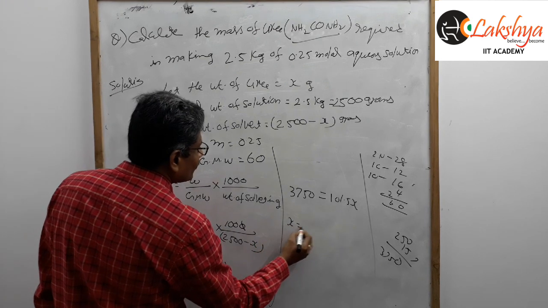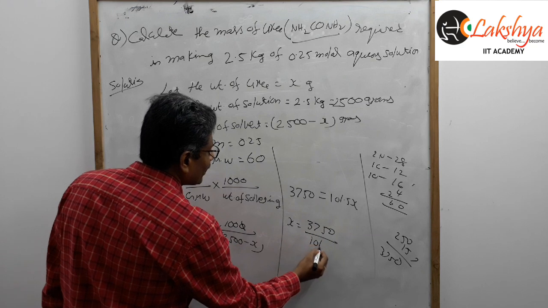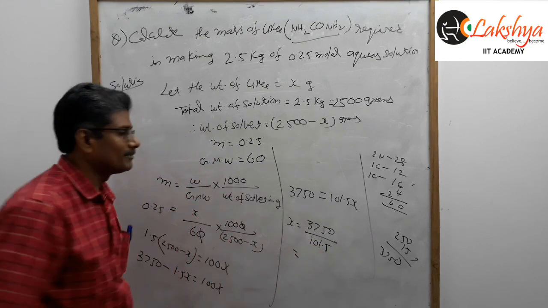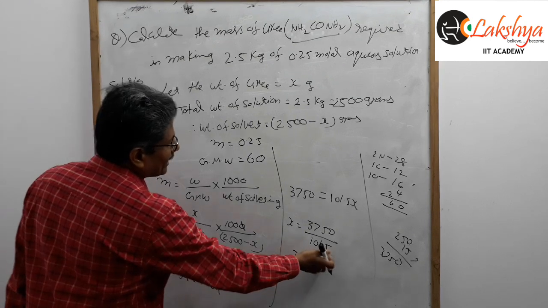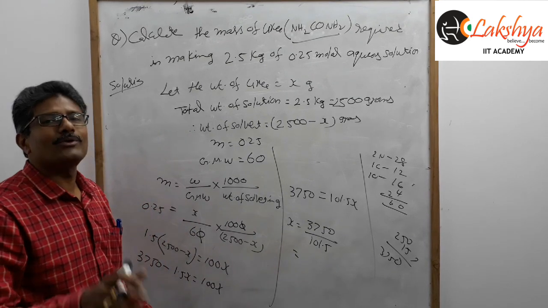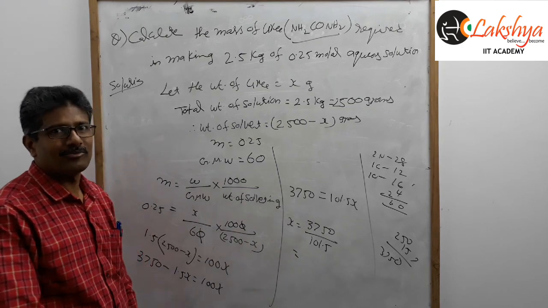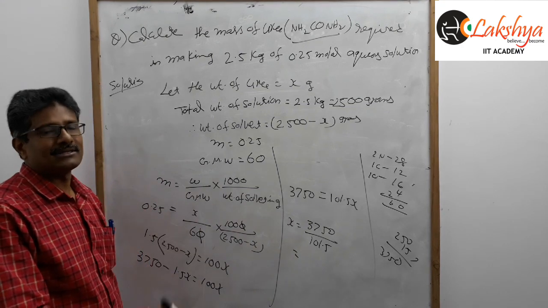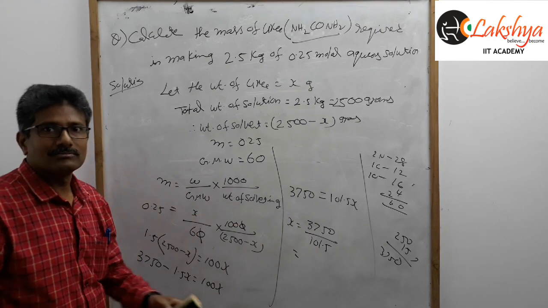Then x is equal to 3750 by 101.5. If you consider 101.5 almost as 100, nothing problem, will get nearer value. Otherwise, using logarithm, we will get correct answer also.